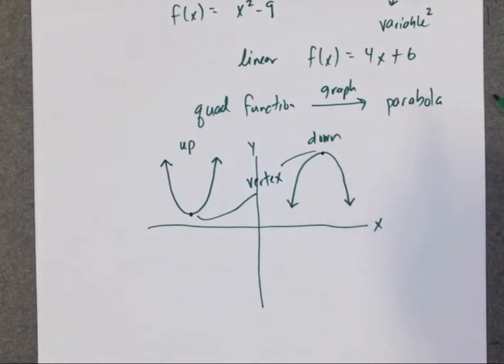As a matter of fact, one of the problems we're going to do in a minute, they talk about a quadratic function, and they use the words find the maximum or the minimum of the function.